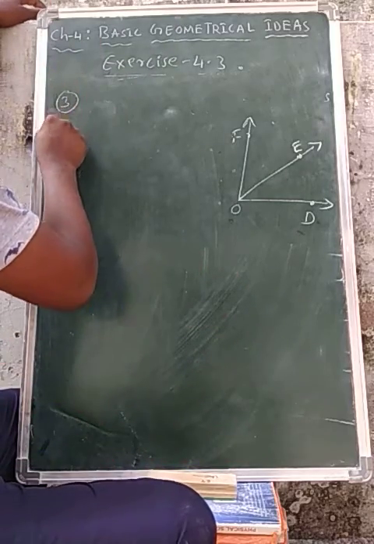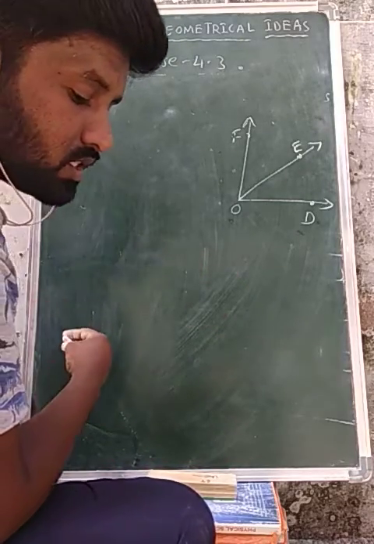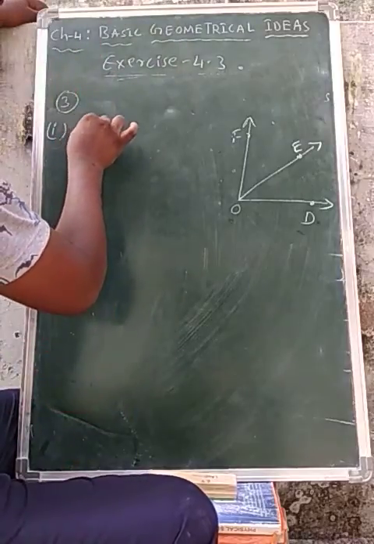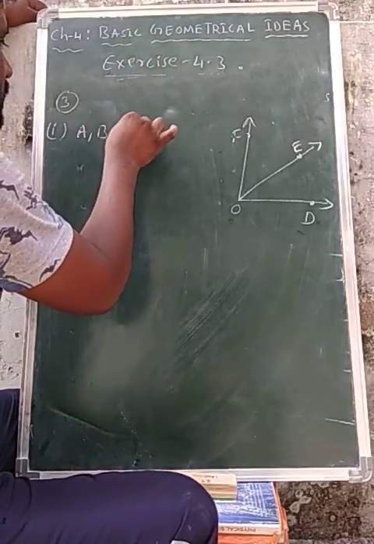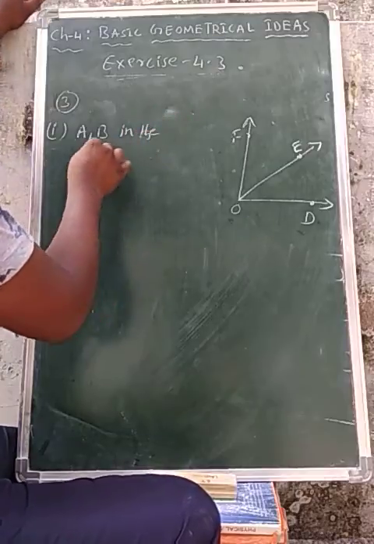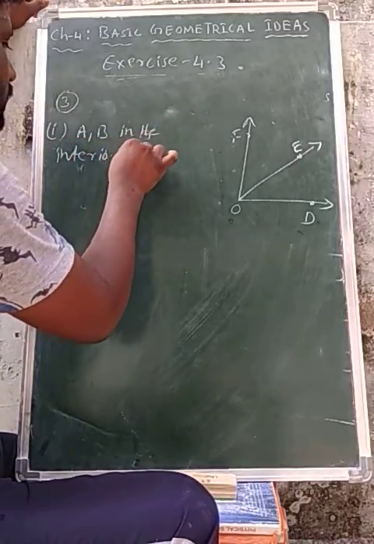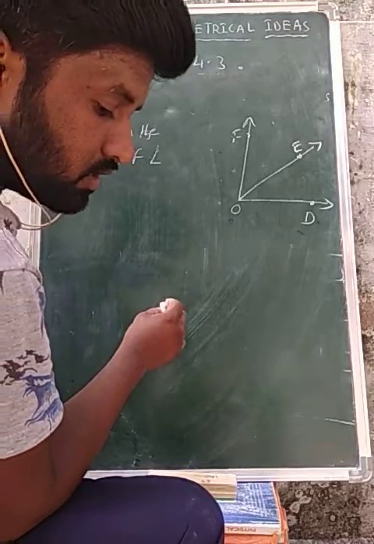We are given some conditions. The first condition is given A comma B in the interior of angle DOF.